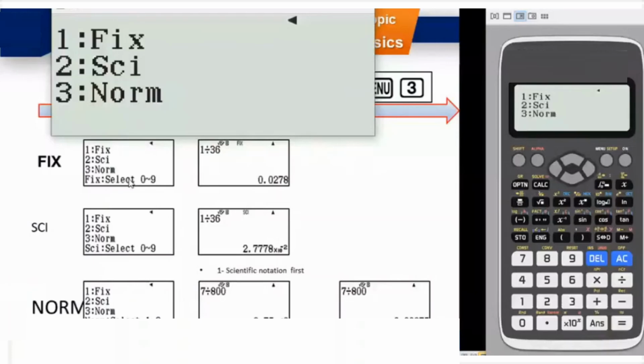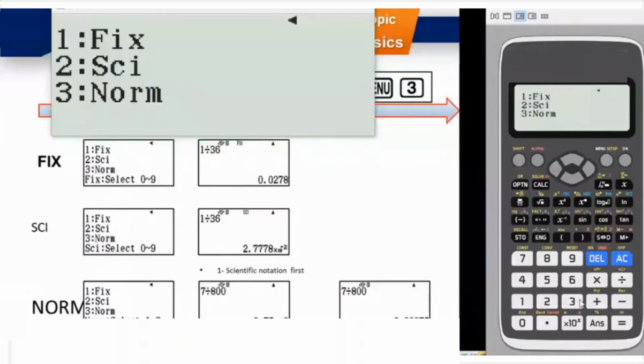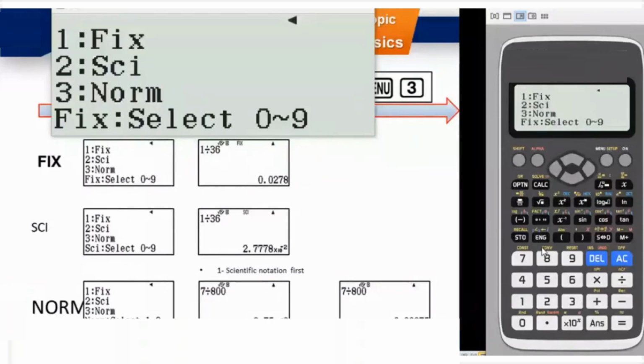For example, I will go to menu, shift and setup. I went to 3, that is number format. Number 1 is Fix. It is asking me Fix 0 to 9, whether we want answers correct to 0 decimal places, or 1 decimal place, or 3 decimal places.